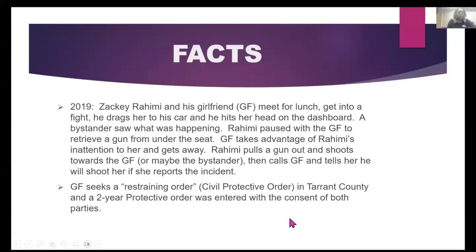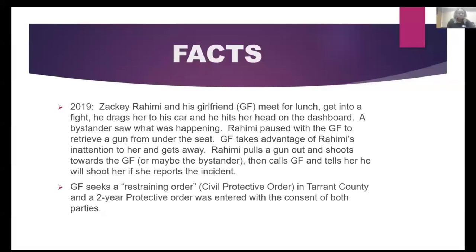So Zacky Rahimi, in 2019, he and his girlfriend met for lunch and got into a fight. He physically drags her to his car. He hits her head on the dashboard. A bystander happens to be present as these events are unfolding. He gets her to the car. He notices the bystander, and he reaches into his glove box to get a gun.